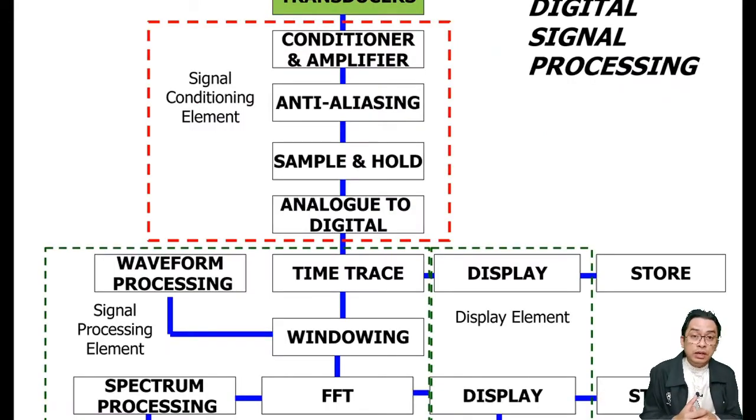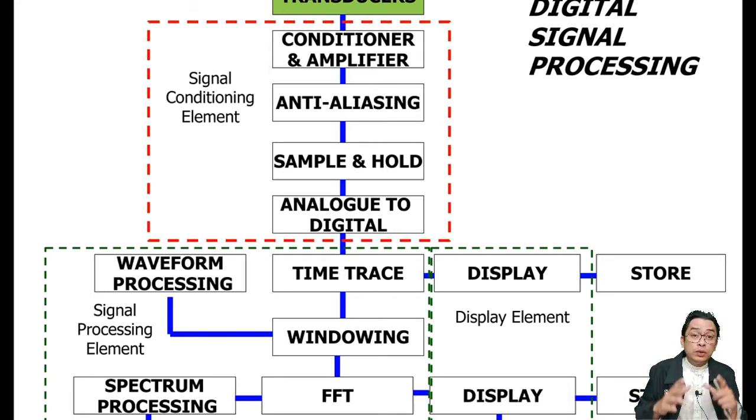But first, I want you to recall our basic understanding of the fundamental elements that need to be in a complete instrumentation, which is a sensing element, signal conditioning elements, signal processing elements, and display element. So as I mentioned earlier, this is the first part, where I will introduce how to convert the physical quantity into electrical signal, which is about the signal conditioning elements.